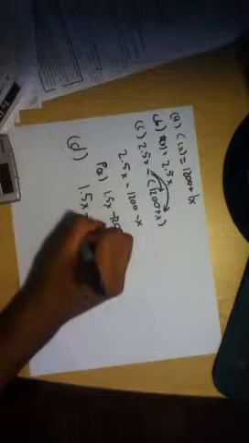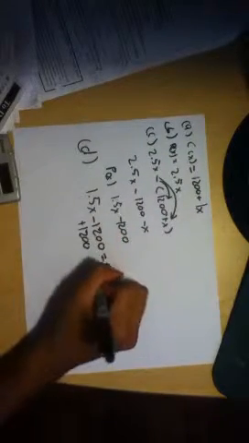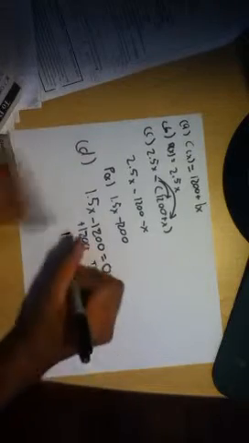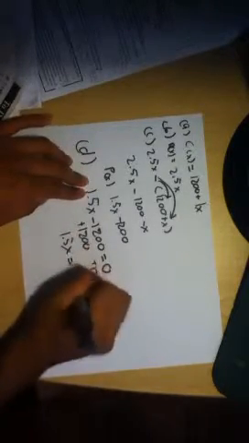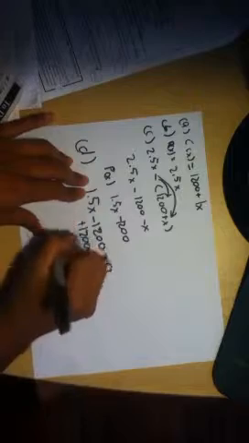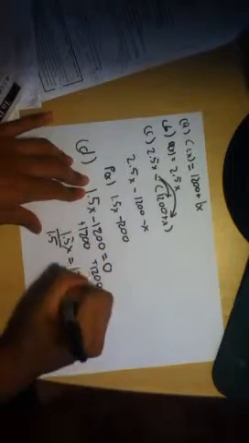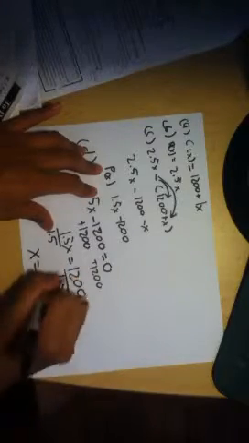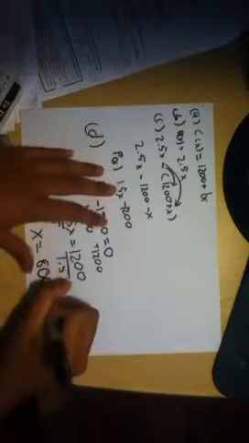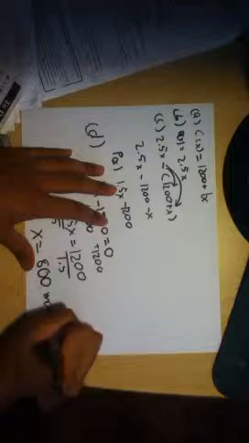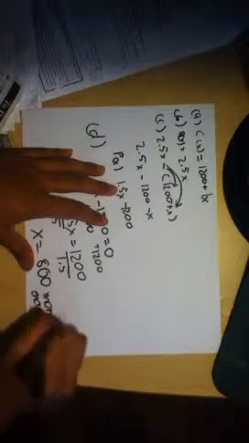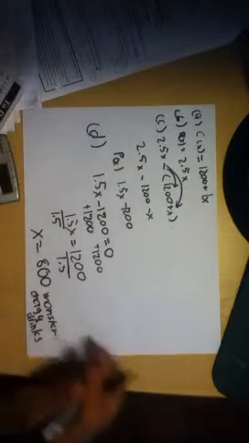You add 1,200 to both sides, and you get 1.5x equals 1,200. You just divide both sides by 1.5, and x would end up being 800 Monster Energy drinks, which is a lot.